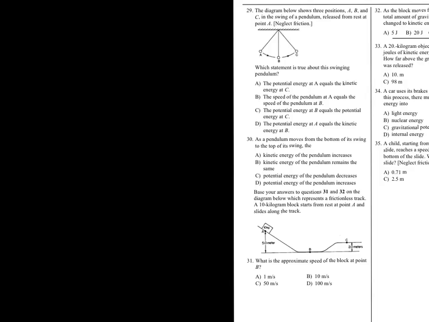Alright, number 29. Finally, we get to talk about pendulums. Yay! Which statement is true about the swinging pendulum? So let's see here. Here we have points A and C. They're the peaks. You know what they also have? The maximum potential energy. Why? Because they're at the highest point of the swing.